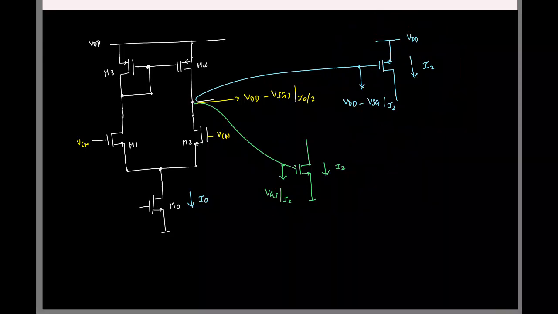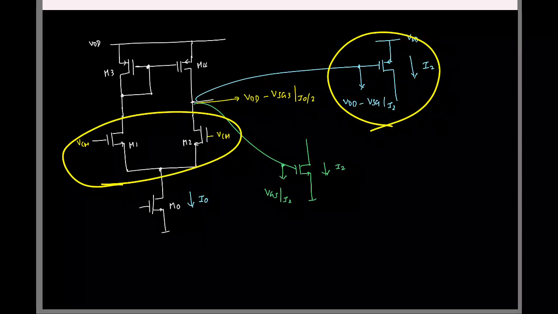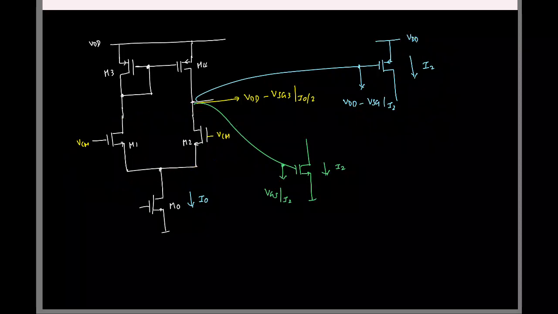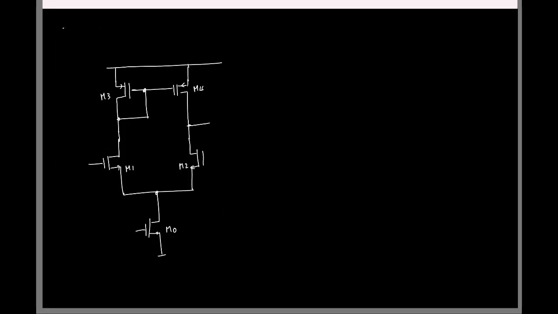That's all. So if you start with an NMOS diff amp like this, you have a PMOS as the second stage. And if you had started with a PMOS diff amp, you would use an NMOS second stage. So here I'll have a PMOS.